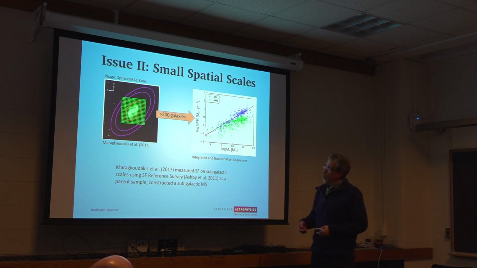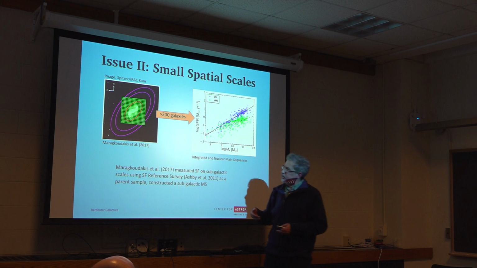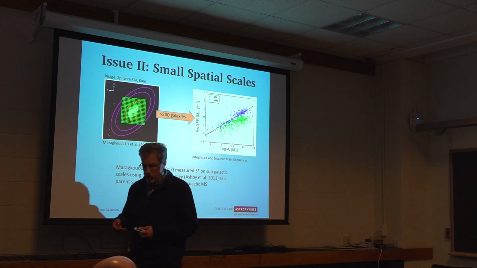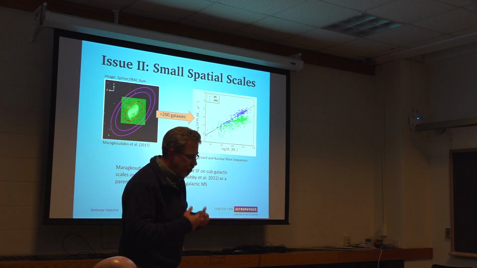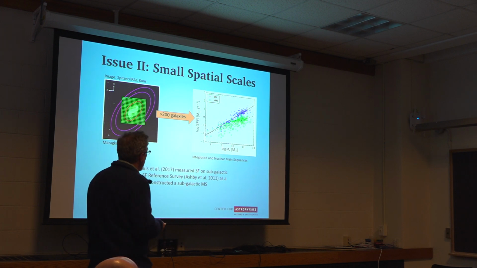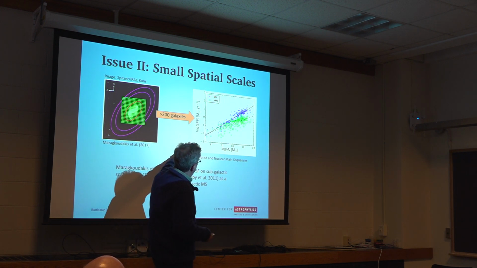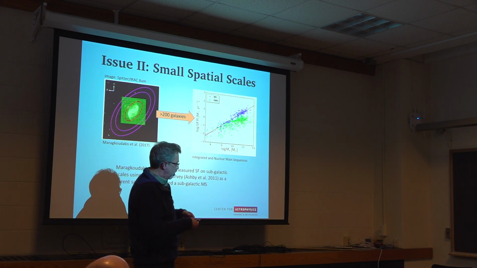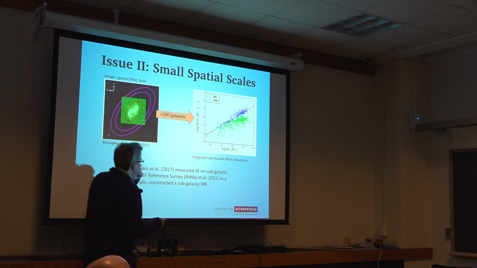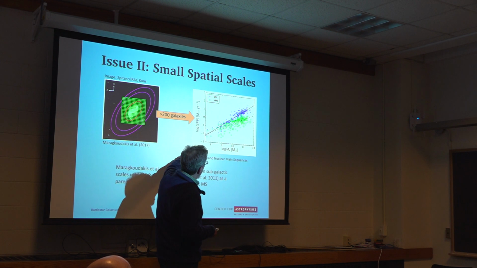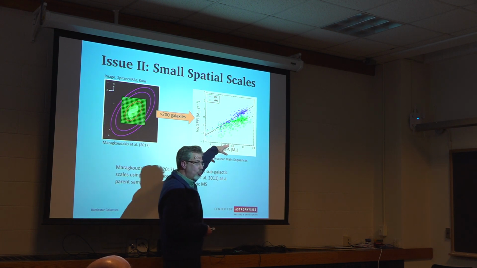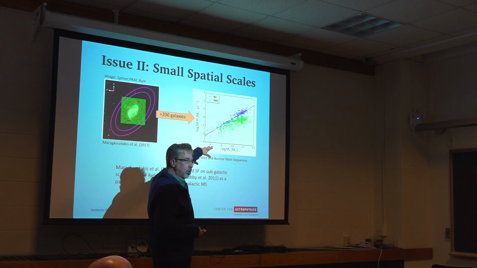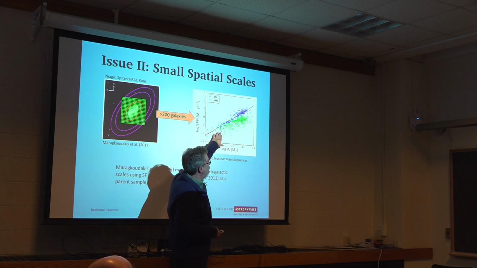And we inferred with the Spitzer observations the total masses and the total star formation rates, and that gave us a plot like this. So we're trying to follow in the footsteps of Elbaz et al. And we actually get a very similar slope and distribution. We can reproduce the star formation main sequence that way.